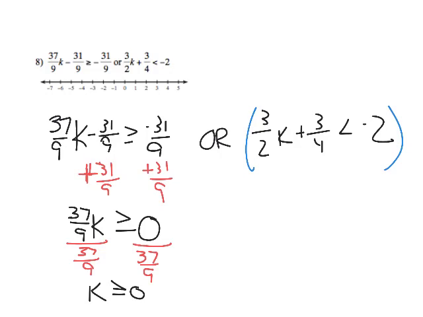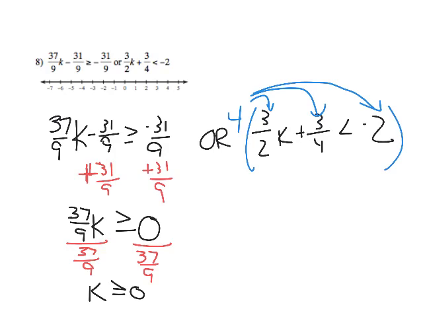We're going to multiply everything by, my biggest denominator is 4. So I'm going to multiply everything by 4. And remember, it's nice to write it out there, and then remind yourself that you are distributing it to everything that's in your inequality. And again, your calculator will do the work for you.